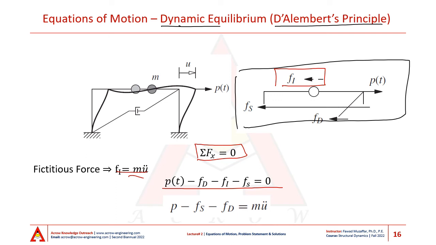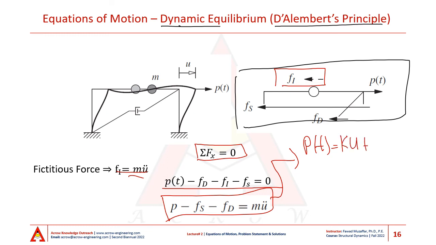Rearrangement of this equation gives us the equation at the bottom of my slide, and if I again open up this equation, this gives me k u, c u dot, plus m u double dot.